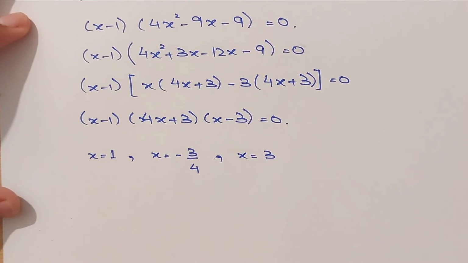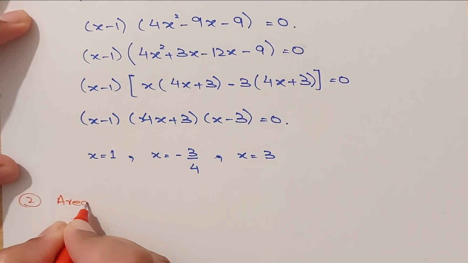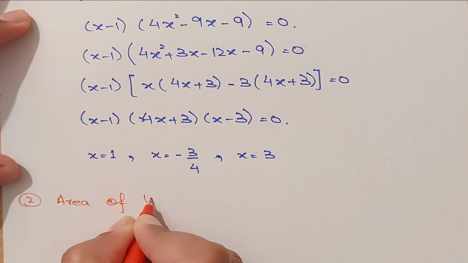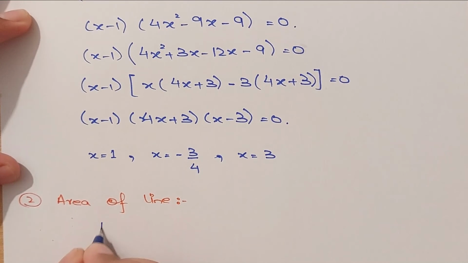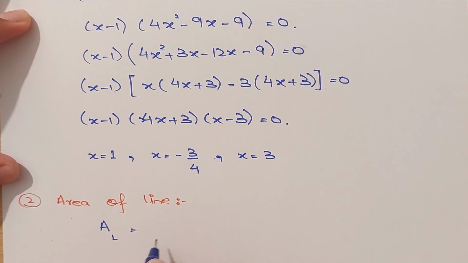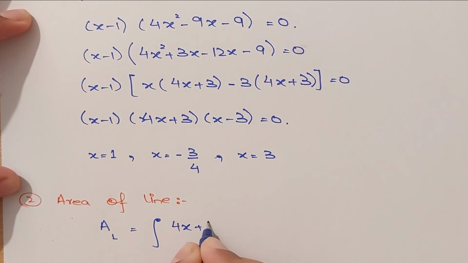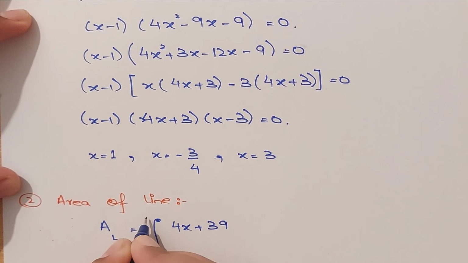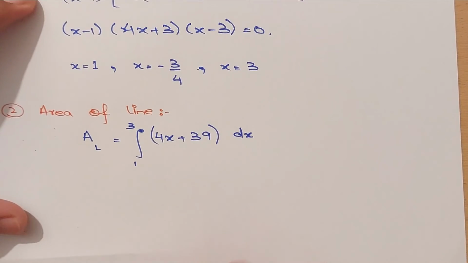Now the second step is we have to find the area of the line. The area under the line is the integral of the line we have given, 4x plus 39, between 1 and 3 with respect to dx, right?